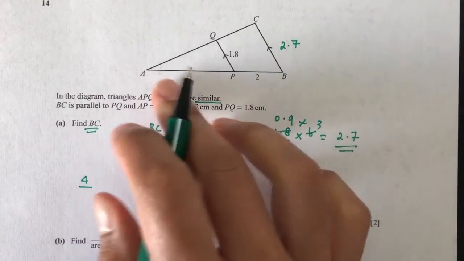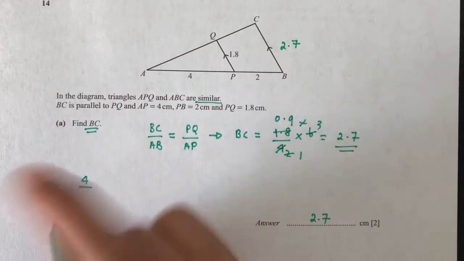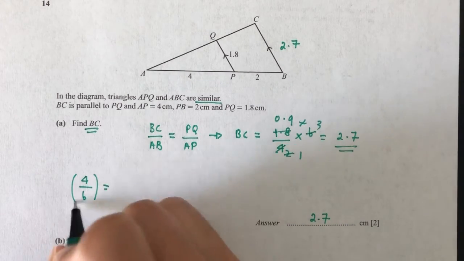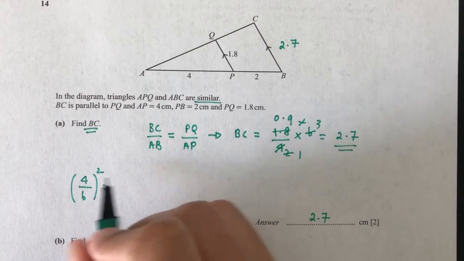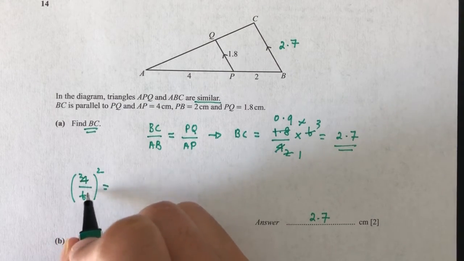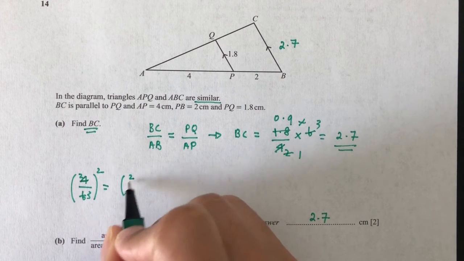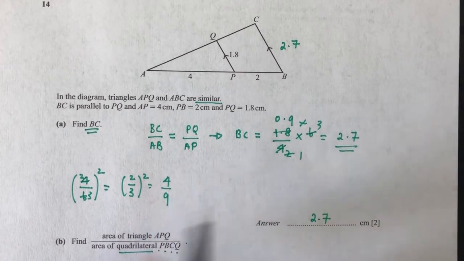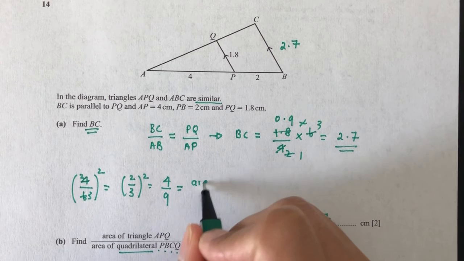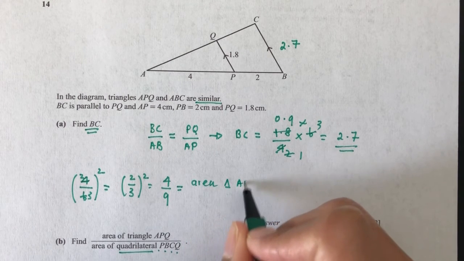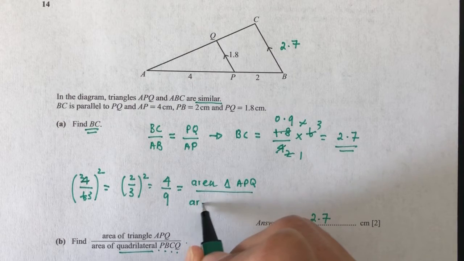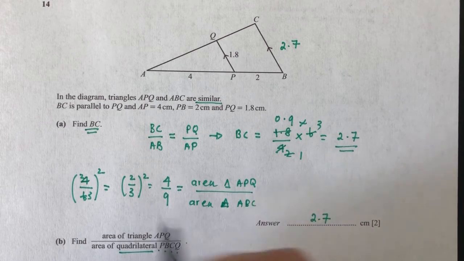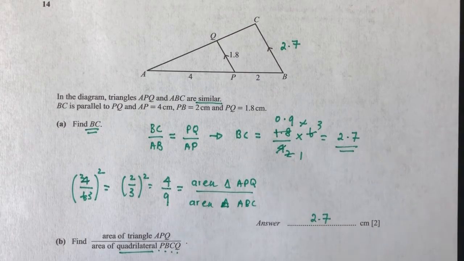So that's the ratio between the sides of the two triangles. But for the area, we have to square the ratio, which means 2 over 3 squared, which will be 4 over 9. So the area of triangle APQ divided by the area of triangle ABC is actually 4 over 9. That's the ratio of the two triangles.